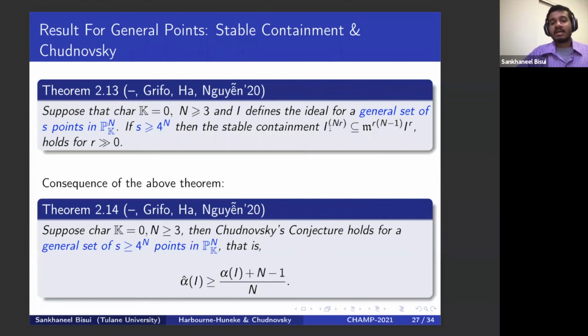Then the stable containment I^(nr) sits inside m^(r(n−1)) and I^r holds for all r big enough. As I have stated before, this theorem 2.13 implies the Chudnovsky conjecture for at least 4^n many general points.